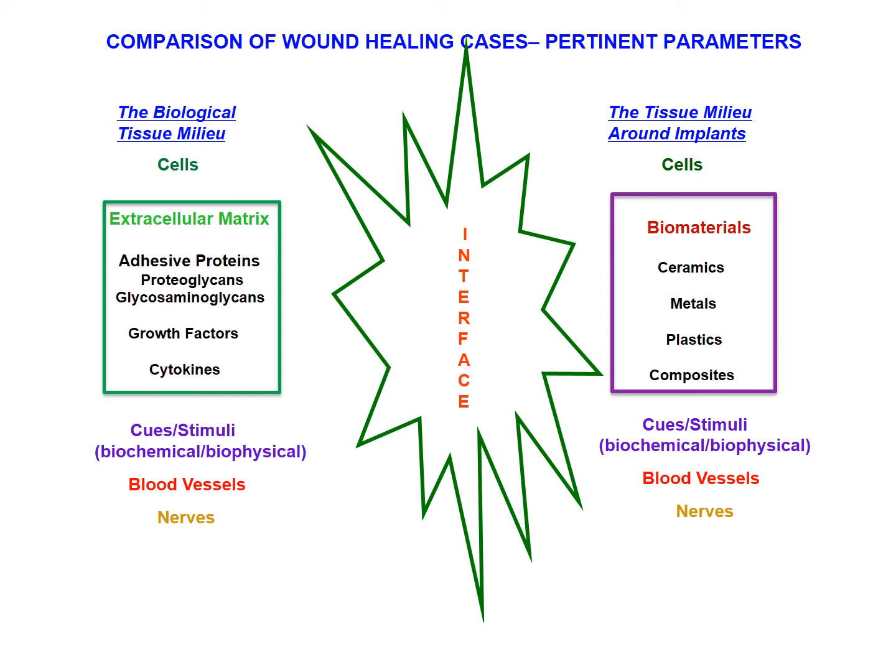We see on both sides of this interface certain similarities, specifically the cells, the biochemical and biophysical stimuli, blood vessels, and nerves. What is the big difference is this middle part.